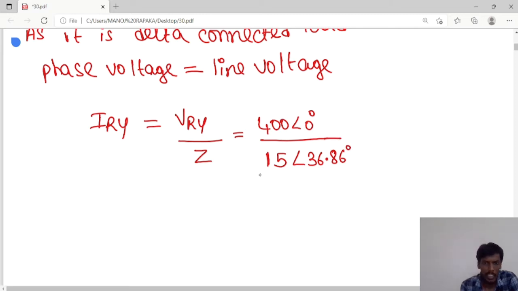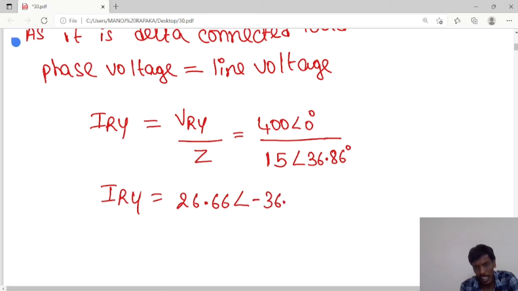Dividing R1 by R2 and theta 1 minus theta 2, IRY equals 400 by 15, which is 26.66 at an angle of minus 36.86 amperes, in polar form.